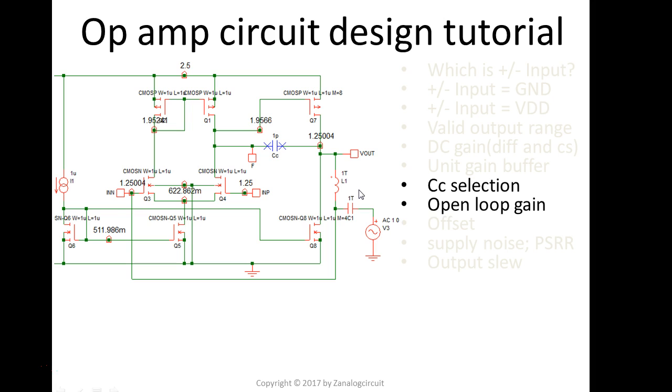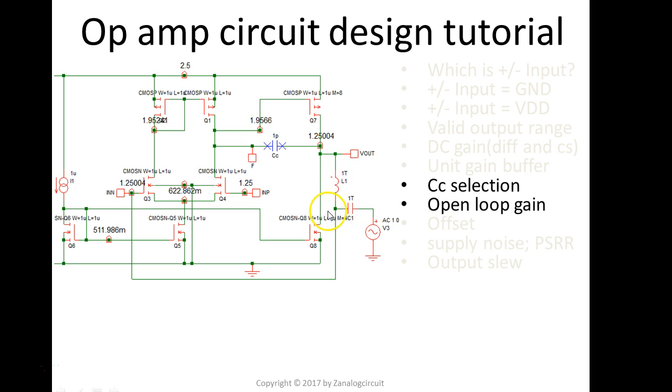Nowadays, in Cadence or HSpice, there are specific device symbols you can just plug into the loop anywhere, and then you can do the loop analysis. But the way I'm doing it now is the old-timer way to break the loop.